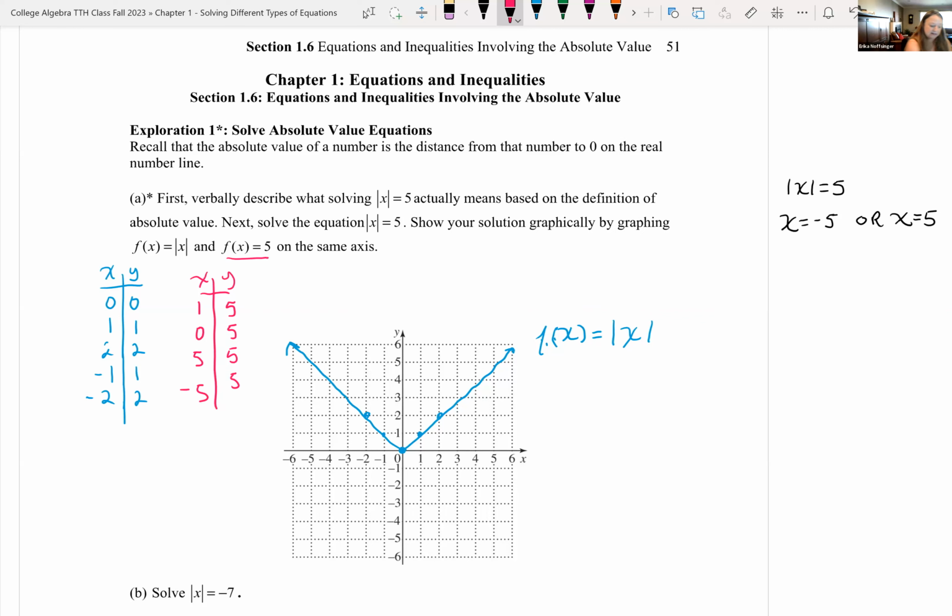So I technically have this horizontal line through y equals 5. The solutions are where these two graphs intersect. These two graphs intersect when x is -5 and when x is +5, which is the same solution as what we got when we solved it algebraically.